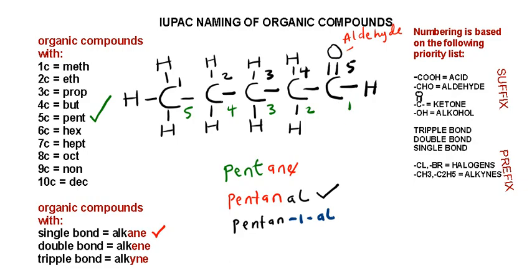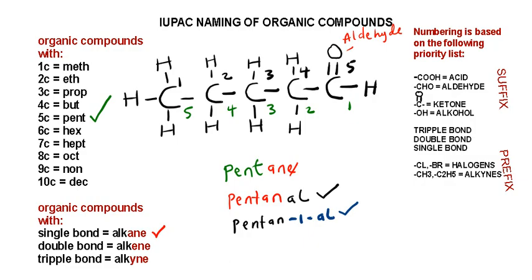It is also attached to carbon number 5 in the forward direction, but we choose the lowest number, which is carbon number 1. So 1-al, one aldehyde. You understand? So it's now pentan-1-al, or pentanal. Either of these is correct.